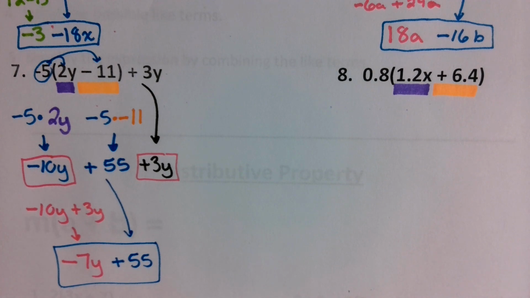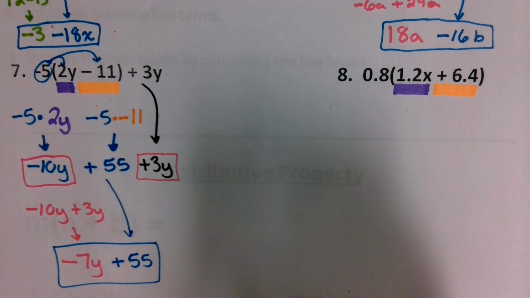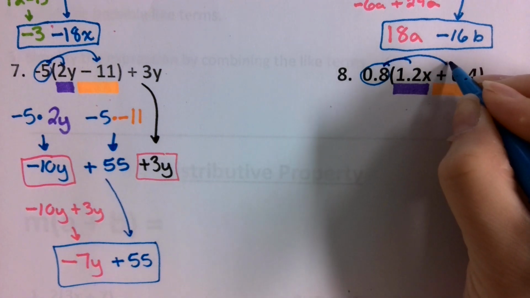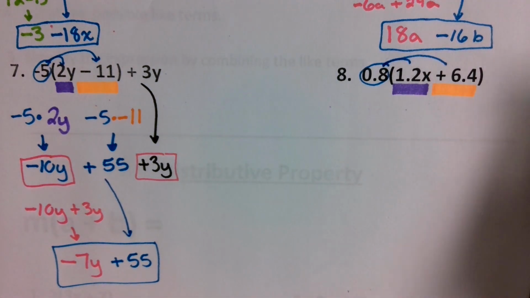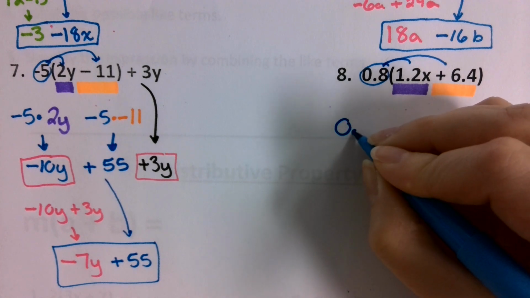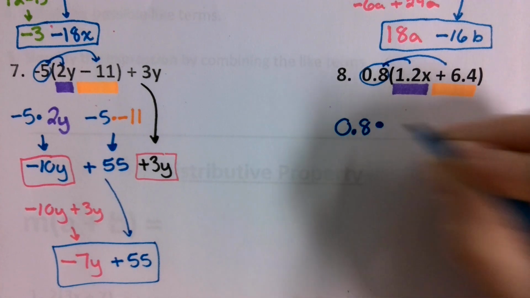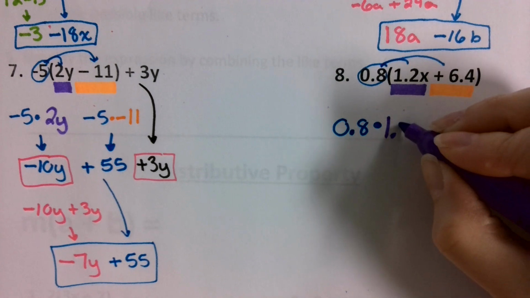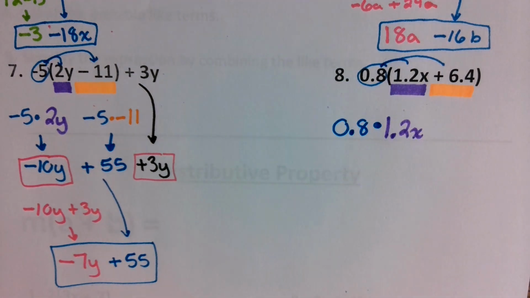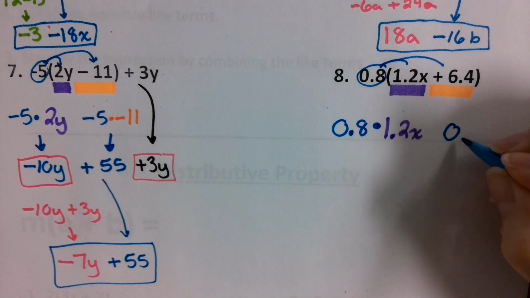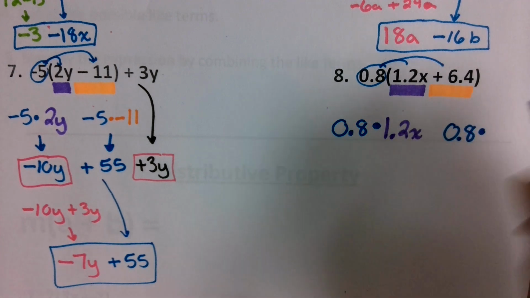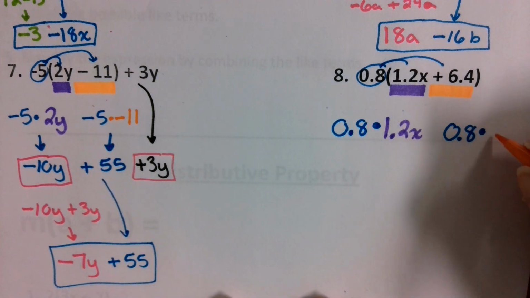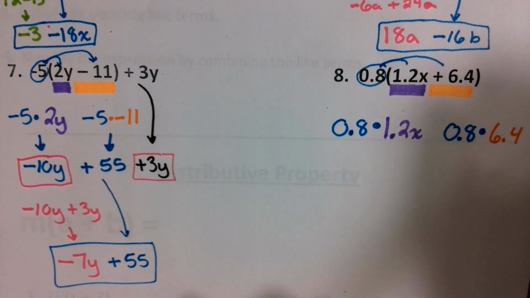Number 8, a little bit more simple, even though it does have decimals involved. It's just straight distributive property, and we don't have any like terms that we're combining, so it makes it a little bit easier. We're just doing 0.8, and we're multiplying it by 1.2x. And then we're doing 0.8, and we're multiplying it by a positive, because that plus sign, positive 6.4.